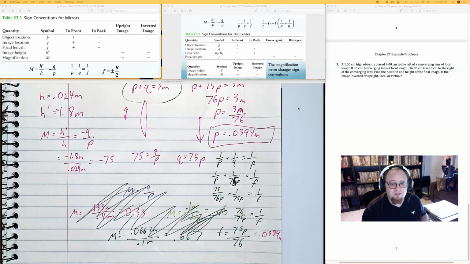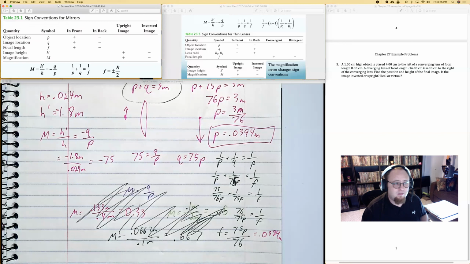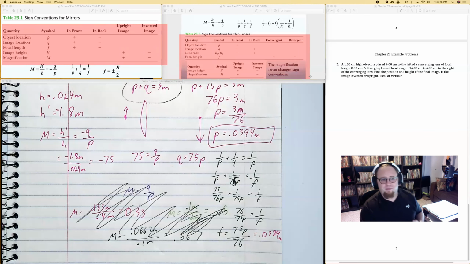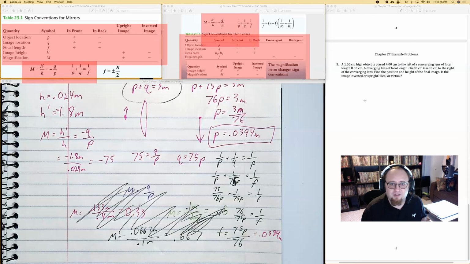If you have any questions, for the exam I would recommend either just remembering what's positive, what's negative, what's virtual, what's real, or having this table and these tables accessible. Never mind the very simple equations.